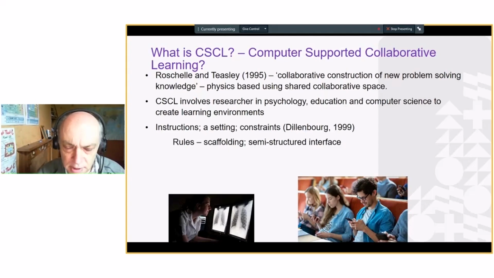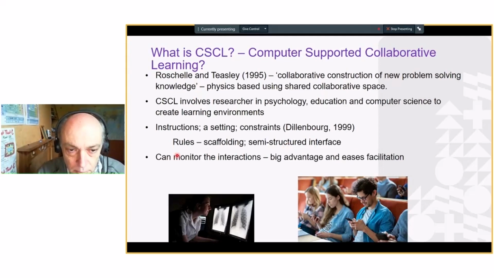So scaffolding is often used to encourage smaller scale activities that build together to make a larger project. And as we'll see later, this semi-structured interface is important in developing wikis. If we use a wiki in its raw form, it can be quite difficult for students to comprehend.